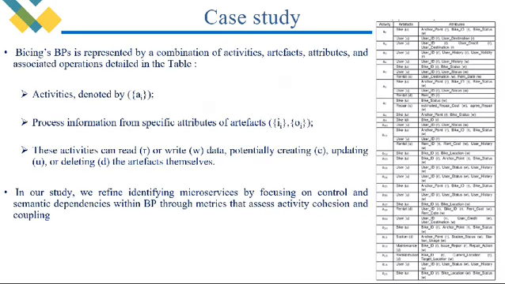The displayed table offers a detailed view of activities, artifacts, attributes, and associated operations. These elements are integral to understanding and refining the bike sharing operational model. These activities can read or write data, potentially creating, updating, or deleting the artifacts themselves.